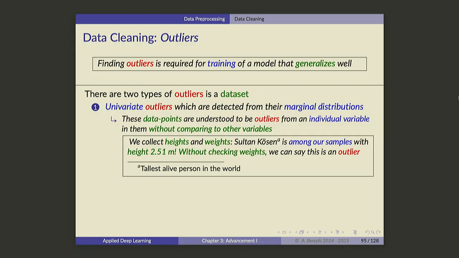Then your data set is also including him, and by including him, you are giving high weight, because at the end you have 100 samples. So you would say height 2.51 is happening with a chance of 0.01, whereas in practice it's not happening with that, it's 1 in a billion. So this is obviously an outlier inside your data set.